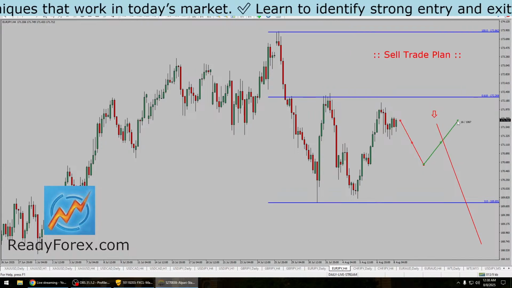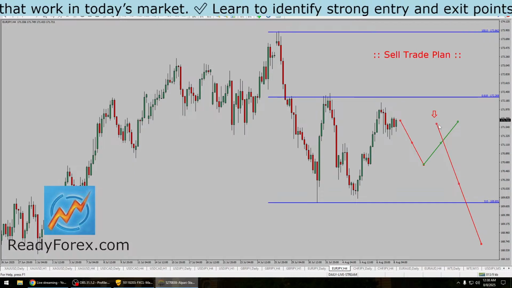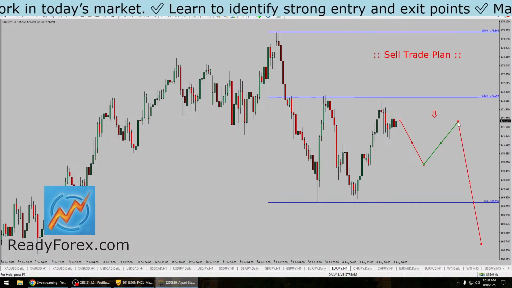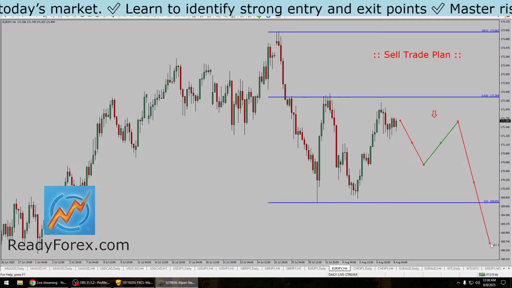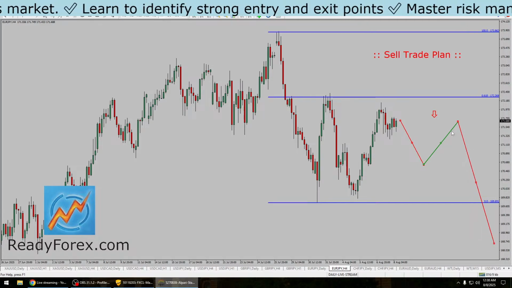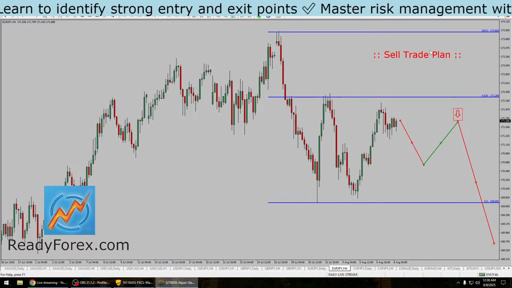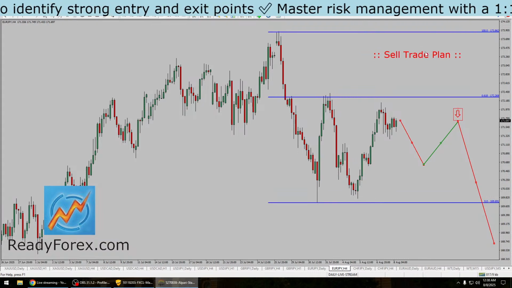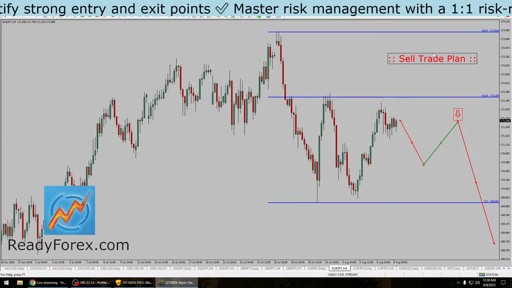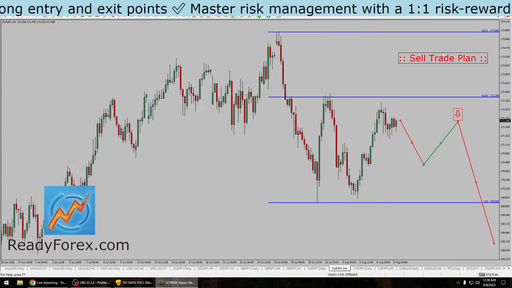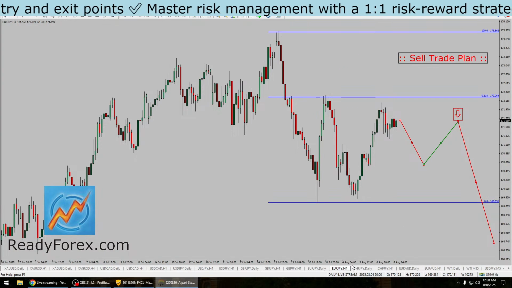So it is going to take some time for the price action to complete the pattern first, then expect a drop inside euro versus Japanese yen currency pair. Okay, so this is the sell trade plan in euro versus Japanese yen currency pair.